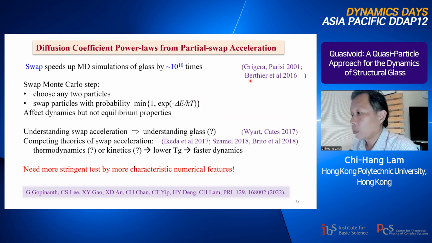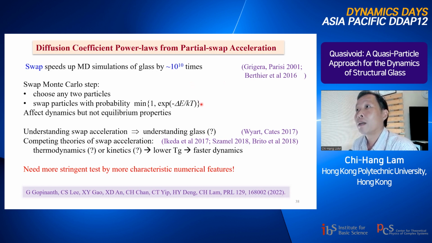Yeah. Now, this is based on Berthier's group's work. Basically, you first perform it with standard molecular dynamics, or actually they did a Monte Carlo simulation without swap, and fit it with, for example, some typical glassy dynamics functional form, super Arrhenius form, and extrapolate for longer time. And then they also perform the simulation with swap, and again extrapolate for a very long time.